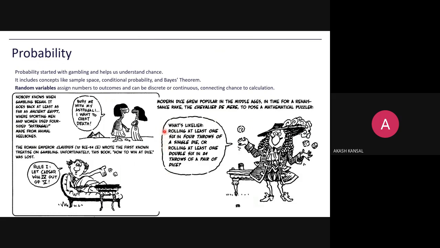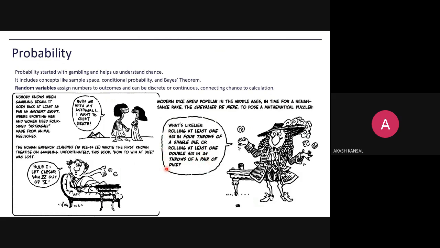Event one is rolling one die: what are the chances of getting a six in four throws of a single die? Event two is rolling a pair of dice 24 times: what are the chances of getting at least one double six? So these were the two events that he was trying to compare.